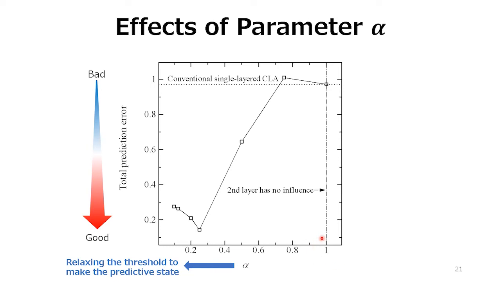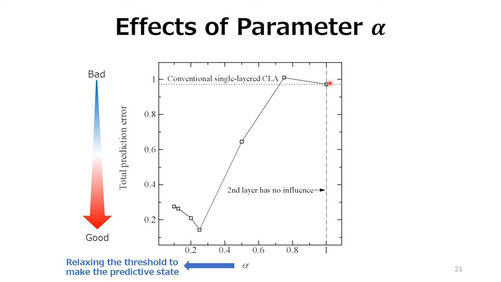Alpha equal 1 indicates that any prediction in the second layer does not reflect to the first layer. As a reference, the results of the conventional single-layered CLA is plotted as a horizontal dotted line in this figure.